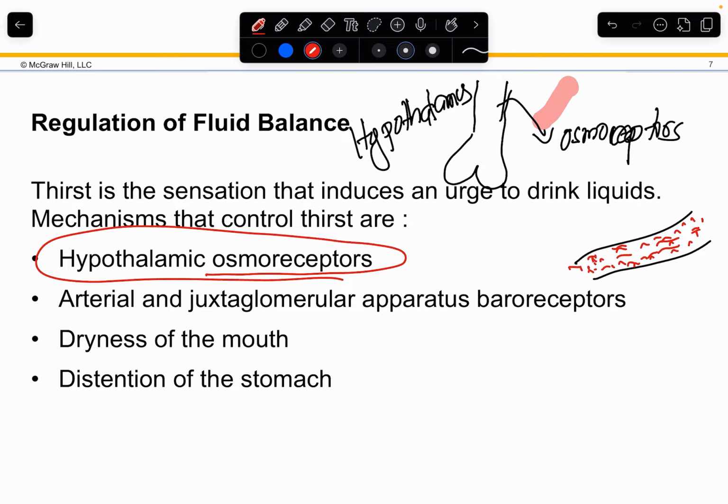Another one is the hormonal regulation. The main hormones involved in hormonal regulation of fluid balance: antidiuretic hormone, ADH.